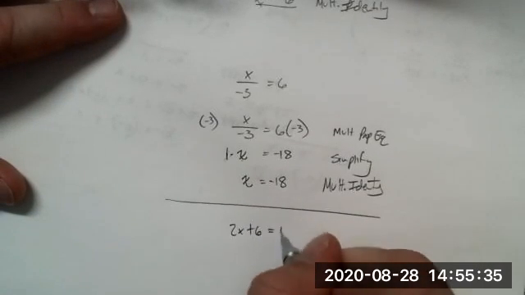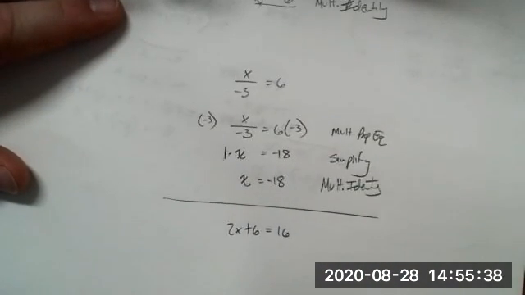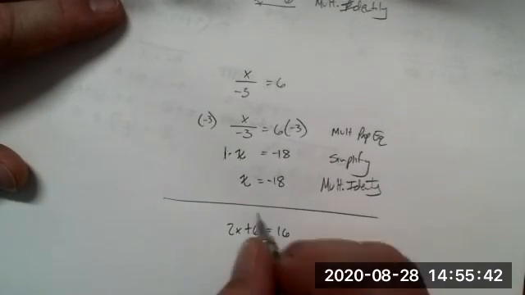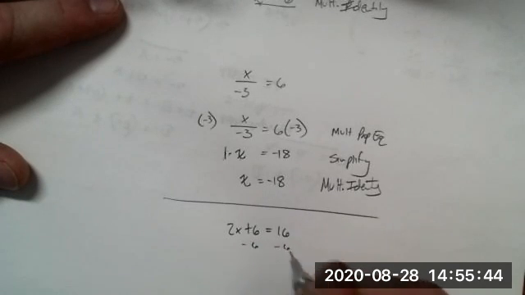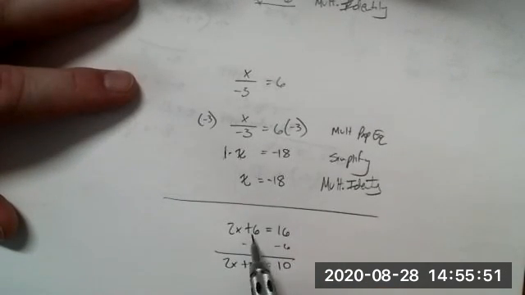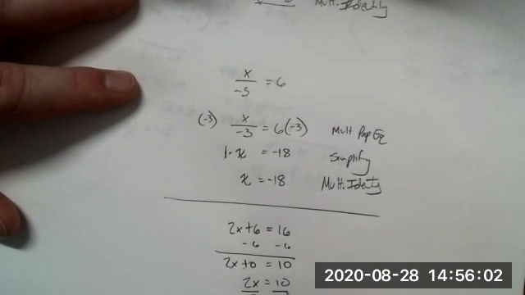2x plus 6 equals 16. All right, so now I'm going to pick up the pace just a little bit. See if you can follow along. Subtract 6 from both sides because that gives me a 0. 2x plus 0 equals 10 because 6 minus 6 is 0 and 16 minus 6 is 10. 2x plus 0 is 2x because any number plus 0 is itself. 2x equals 10 can be divided by 2 on both sides because 2 divided by 2 is 1.